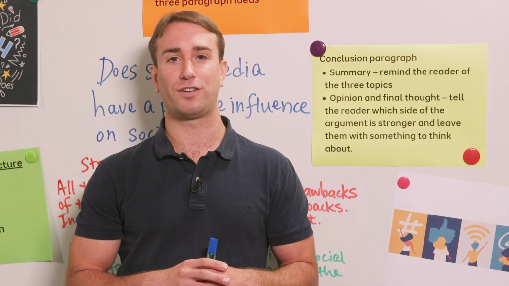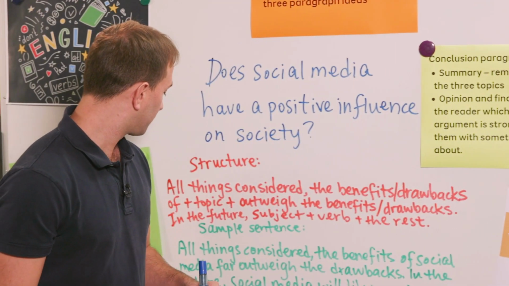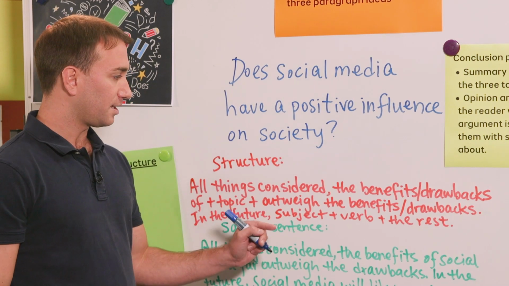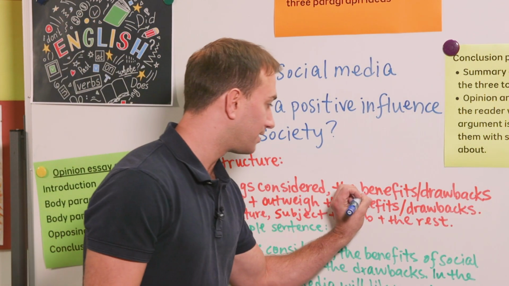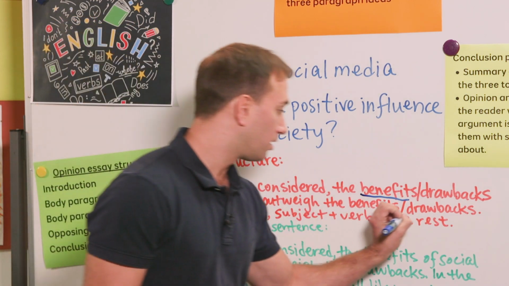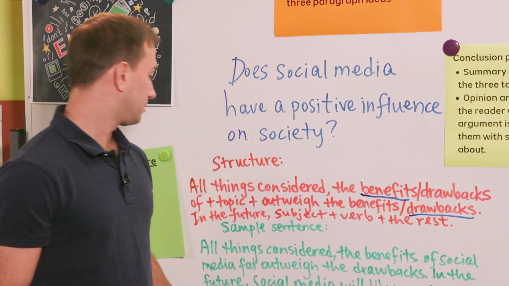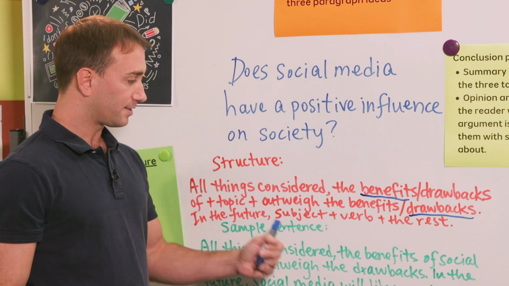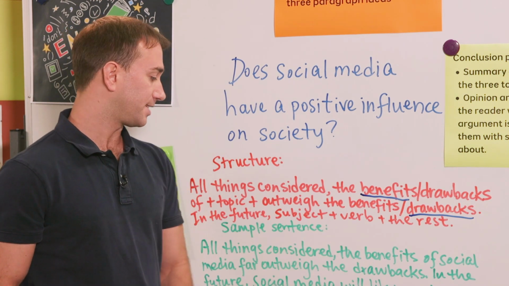The structure you could follow for this is, all things considered, the benefits, in this case, of topic outweigh the drawbacks. In the future, subject, verb, and the rest of the sentence.